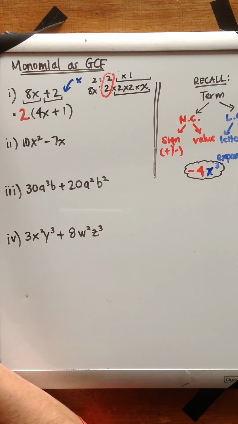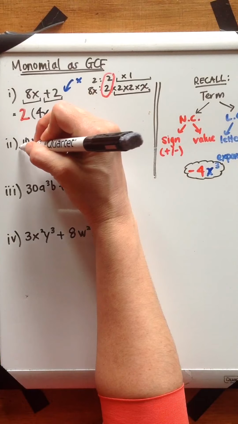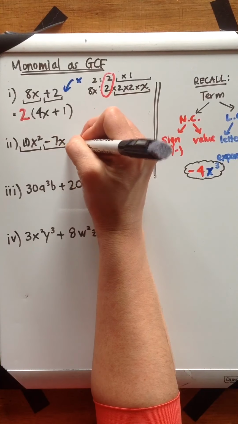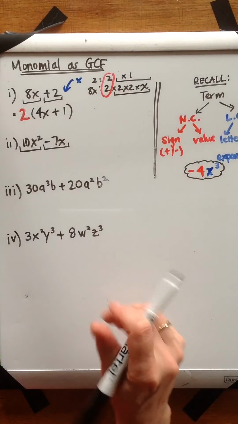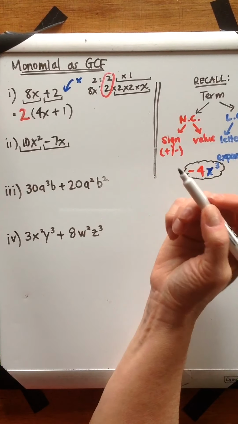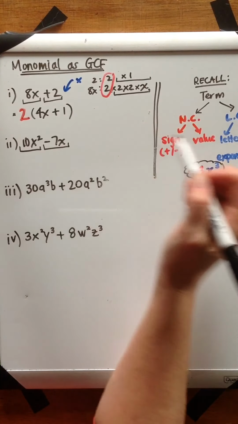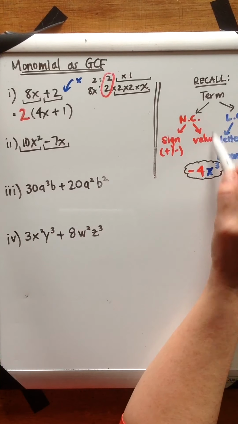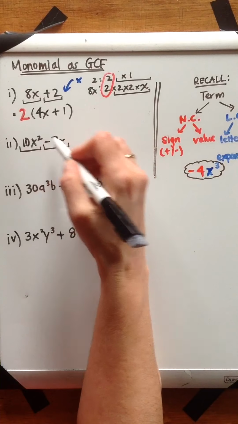Let's look at the next example. We see that the two terms here are positive 10x squared and negative 7x to the first. So what is the GCF for both of these terms? They both have a numerical part, 10 and negative 7, and they both have a literal component, x squared and x.